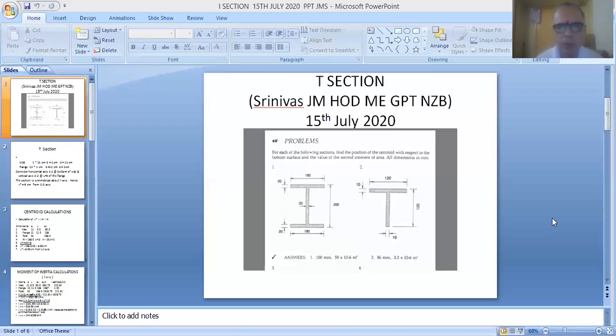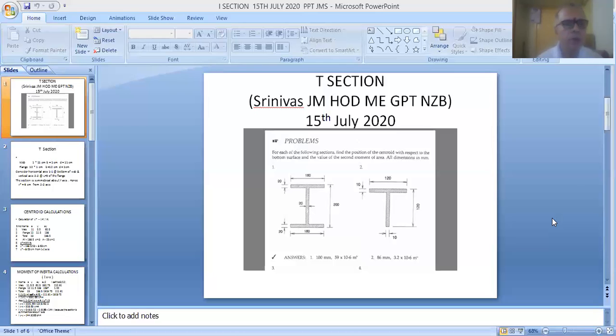Therefore they are named according to the shape of the cross section of the items. If the cross section is in the form of letter T, it is called T section. If it is in the form of letter I, it is called I section. This way, geometrical sections are classified into different categories.